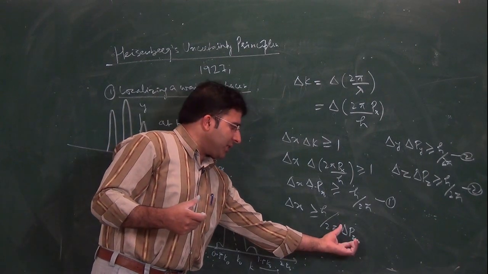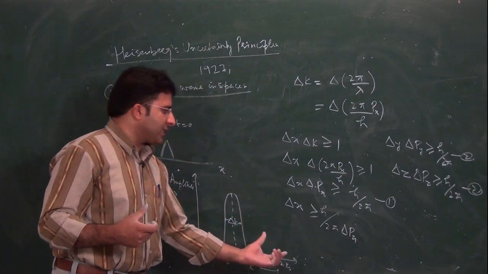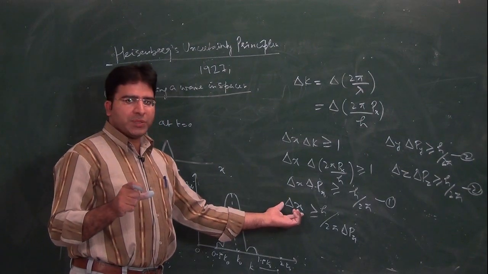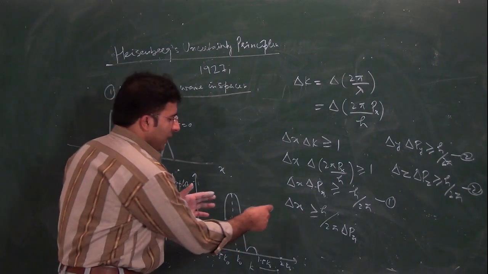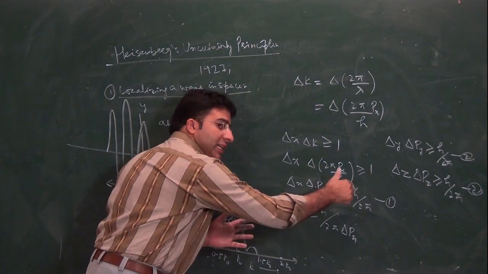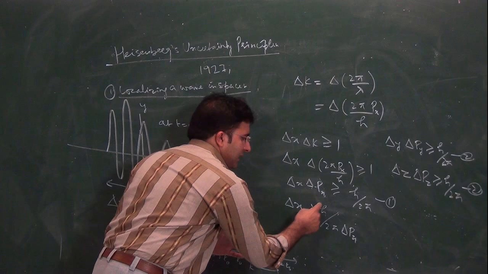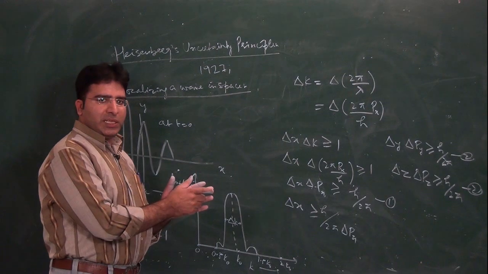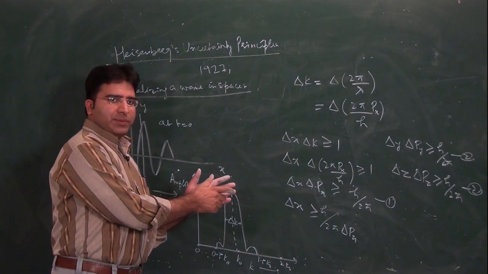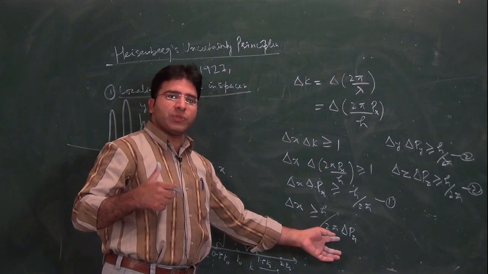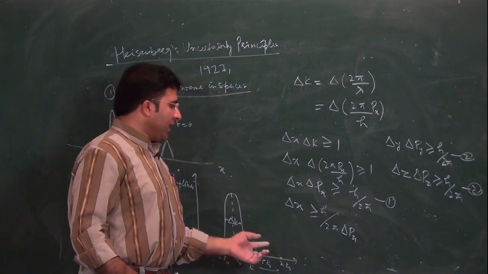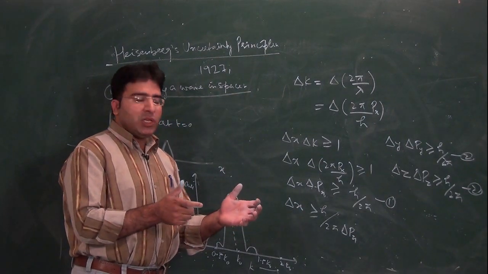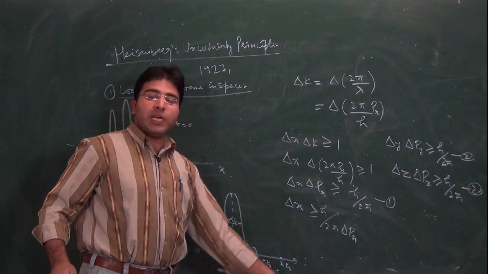That means once the precision of momentum is fixed, automatically the precision of position is fixed. It can be equal to this or greater than. It cannot be less than this. That means you cannot localize a particle to any extent, knowing its momentum to some extent. Likewise, if you know the position of the particle to some extent, you cannot know its momentum to any extent.